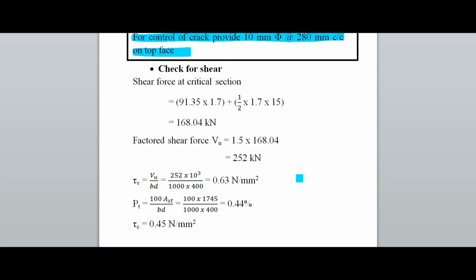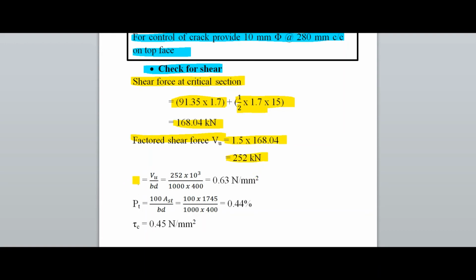Now check for the shear. We have to follow some checks, so just check for the shear all the time. Shear force at critical section is 1/7 into 1/2 into 1/7, so 168.04 kilonewton. Factor of safety: Vu is 1.5 times, so 252 kilonewton.